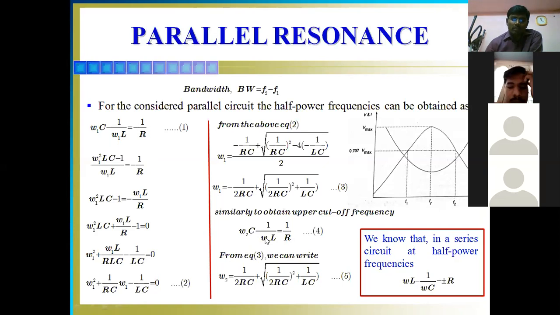So without going through all these calculations, we can write omega 2 straight away: instead of minus, you get plus 1 by 2RC plus square root of (1 by 2RC) squared plus 1 by LC. This is the condition we derived for series resonance at half power frequencies.